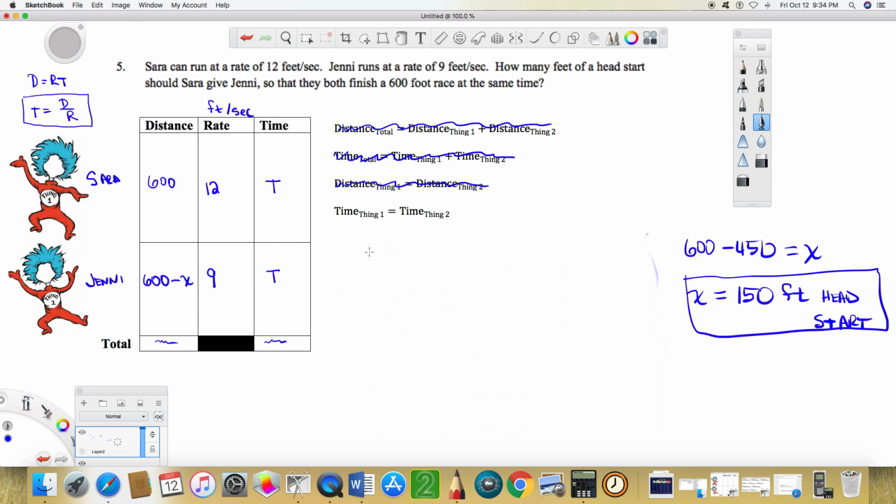So here would be the normal starting line, and that's where Sarah's at. Here's the starting line for the person that's getting a head start in terms of distance.